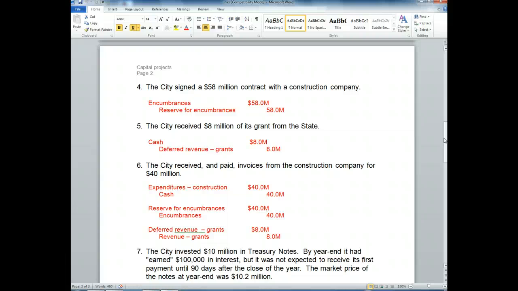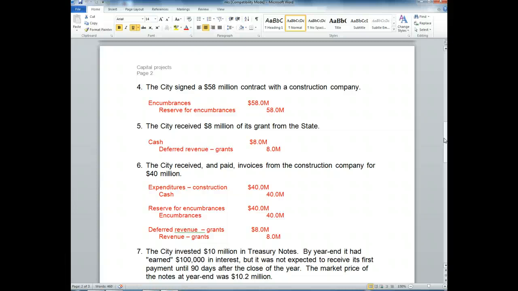And you'll have another problem similar to that in the homework. I'm just letting you know why it's a deferred grant. It says here, the city received $8 million of its grants from the state. We'll show cash of $8 million, and we're going to show a deferred revenue grant of $8 million.